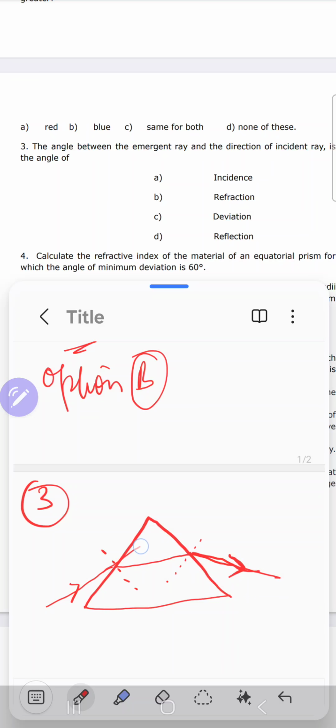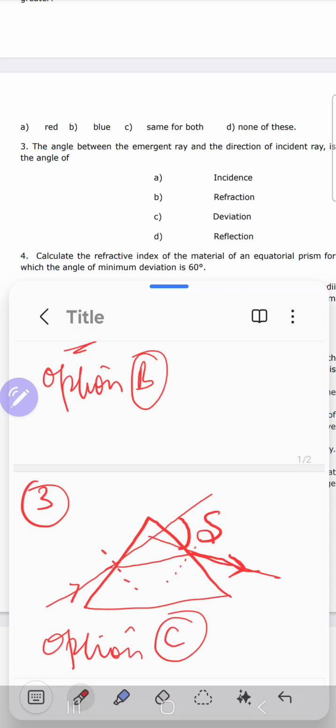The angle between the incident ray direction and the emergent ray is known as the angle of deviation. This shows by how much angle the ray has been deviated after passing through the prism. So the correct answer here is option C, that is angle of deviation.